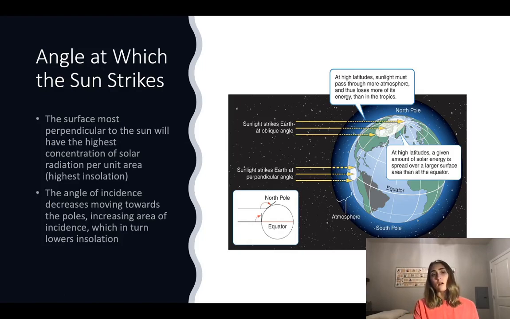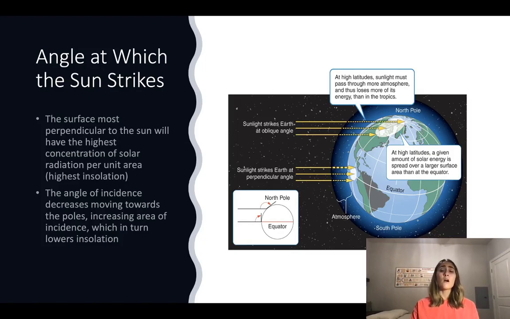So first we're going to talk about the angle at which the sun strikes. You're probably already familiar with the fact that the equator is generally the most perpendicular to the sun. The surface that is the most perpendicular to the sun is going to have the highest concentration of solar radiation per unit area, or what we call the highest amount of insolation.